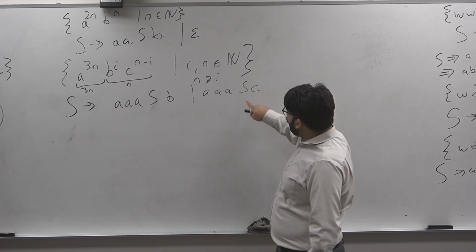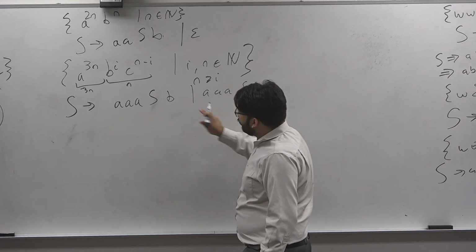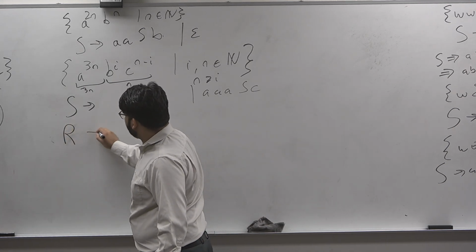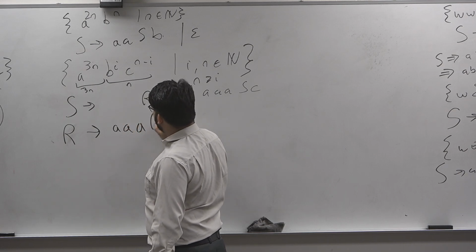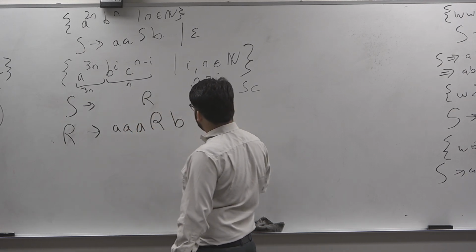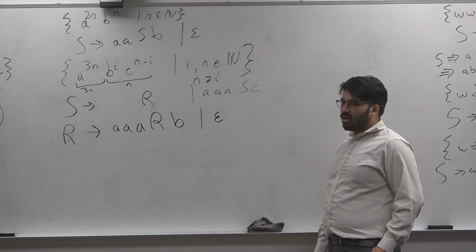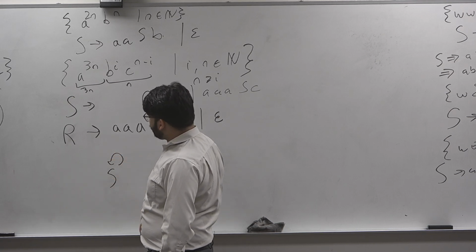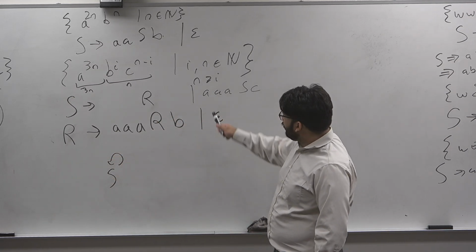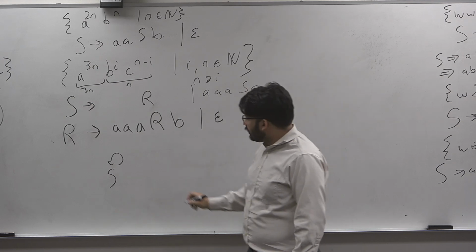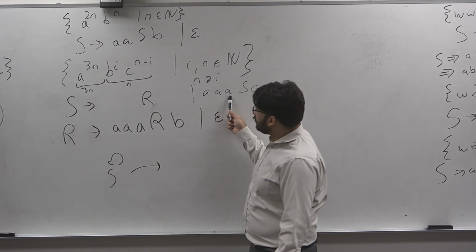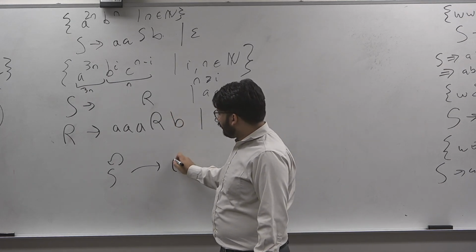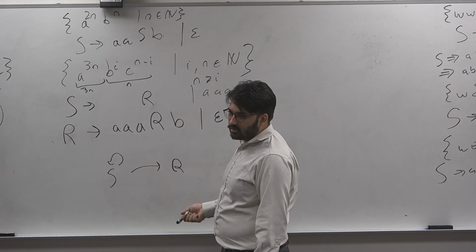So what we're going to do is produce A's and C's, then switch gears. Think of the non-terminal use here kind of like a one-way door or a transition. You're at some S. You apply recursive rules on S repeatedly: AAA S C, some number of times. Then eventually you non-deterministically bottom out, because this production contains a non-terminal, so you need to go to R. This is not a state diagram, but mentally it's a similar mental model.